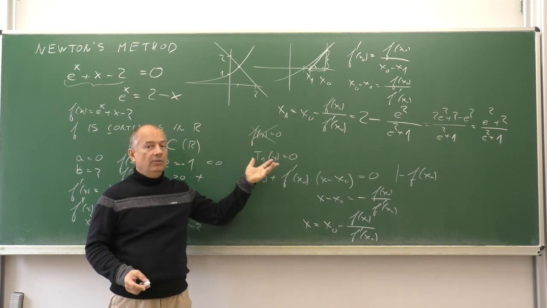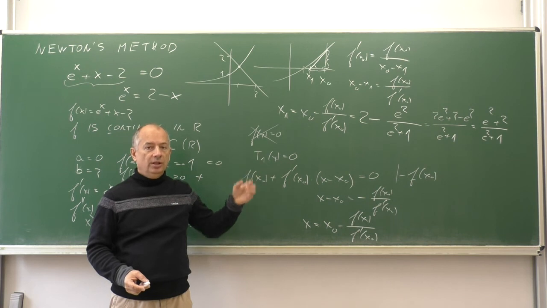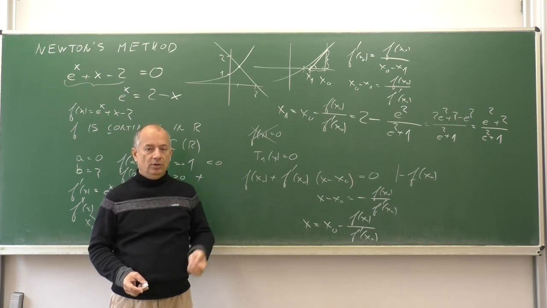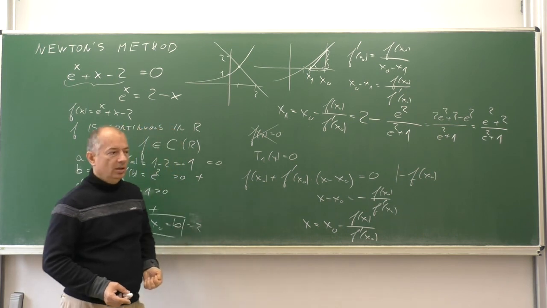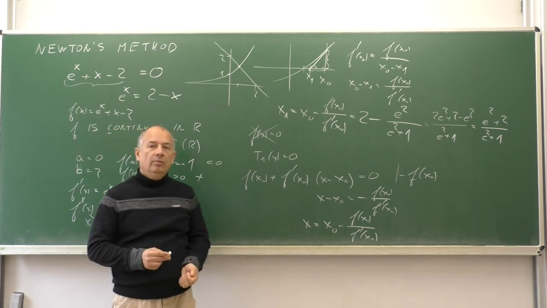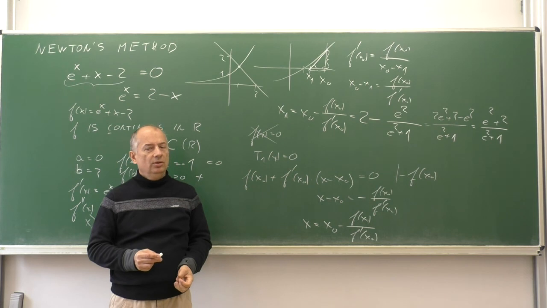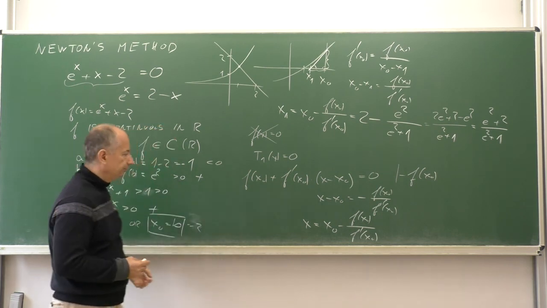And this gives the advantage of the Newton's method. It can be used to solve systems of equations. This is a very strong advantage as opposed to the bisection method. This is not easy to generalize for a system of equations.